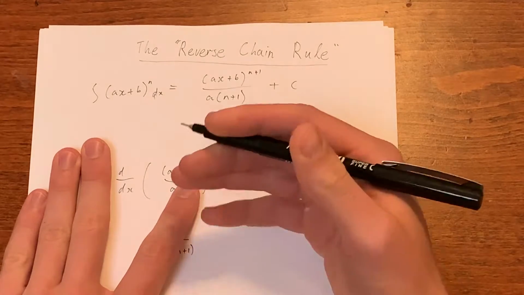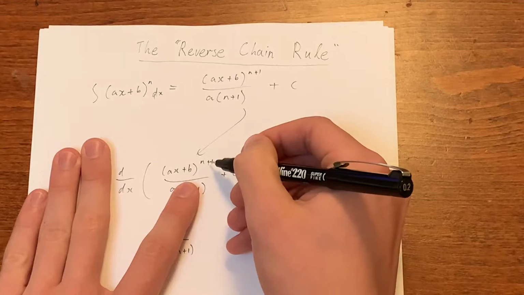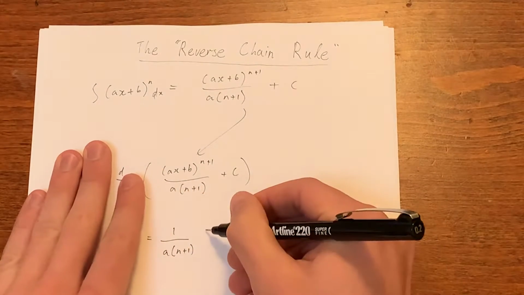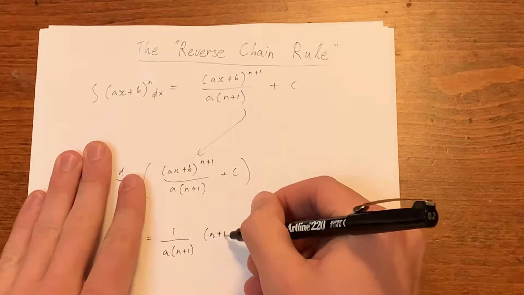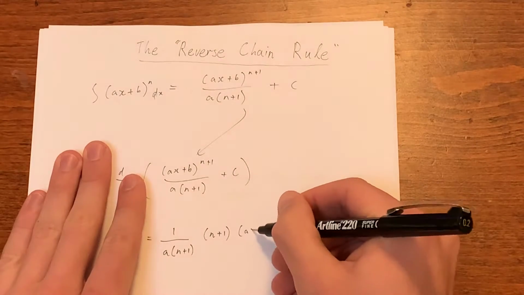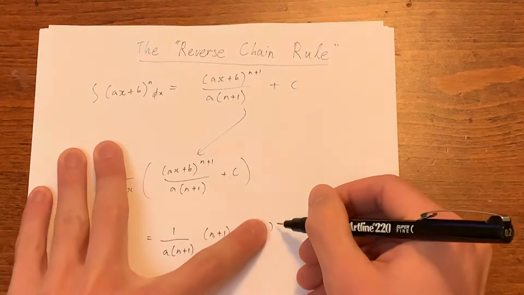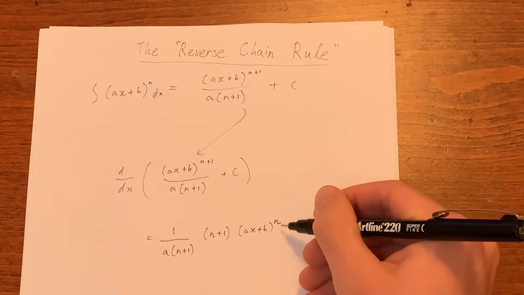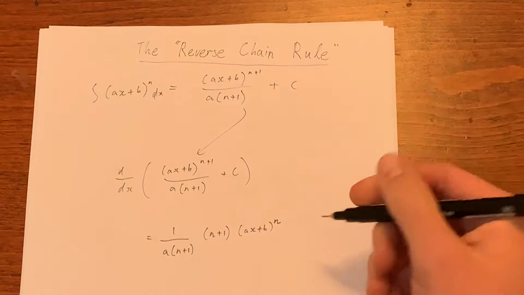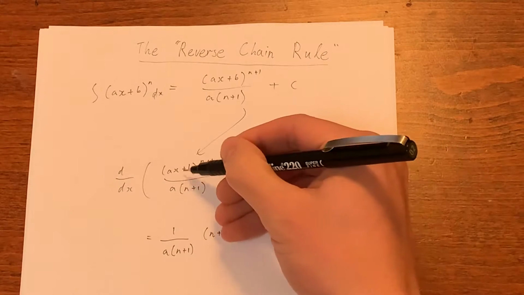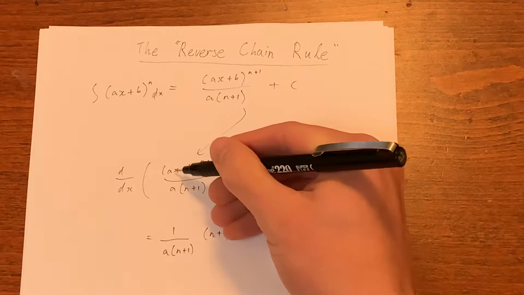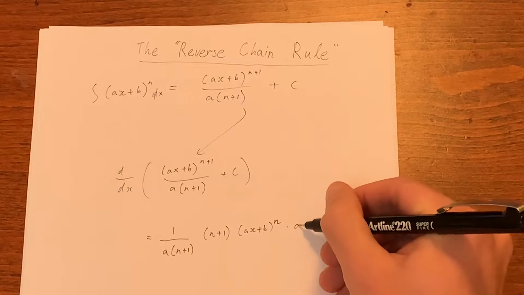This function here, (ax plus b) to the n plus 1. Well, if you're familiar with the chain rule, you know that you take this n plus 1 up here and you bring it out the front. So we get (n plus 1) times (ax plus b), and then we want to decrement this power. So it's going to become (ax plus b) to the power of n, or n plus 1 minus 1, which is n. And then we can't forget we have to multiply by the derivative of this function in the middle, times a.